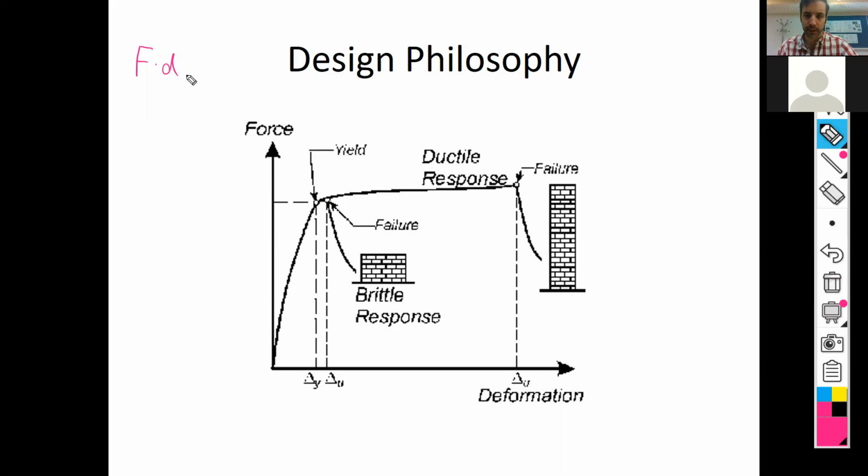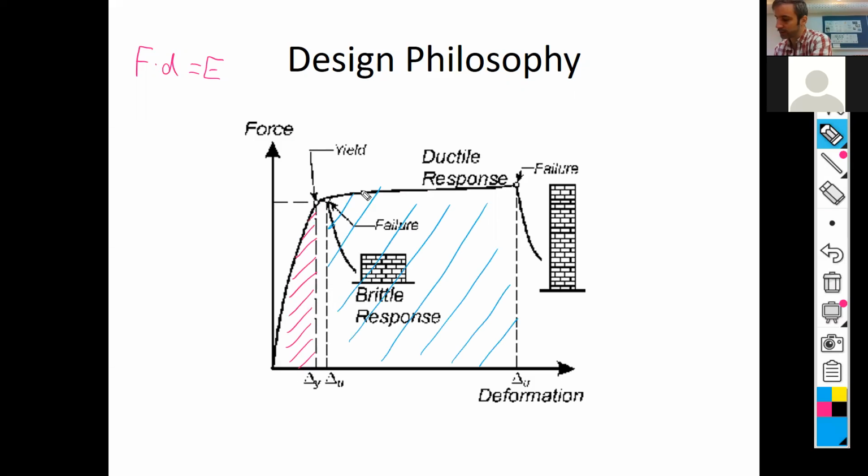So the energy in this graph is the area under the curve that represents force and displacement. So this is all elastic energy here. And all this part here would be plastic energy, right?